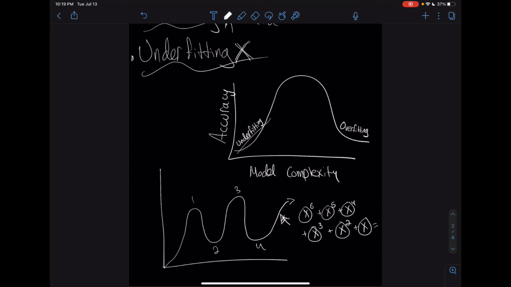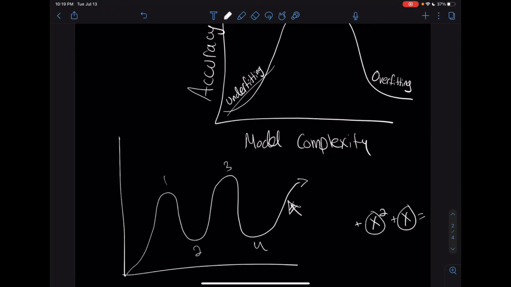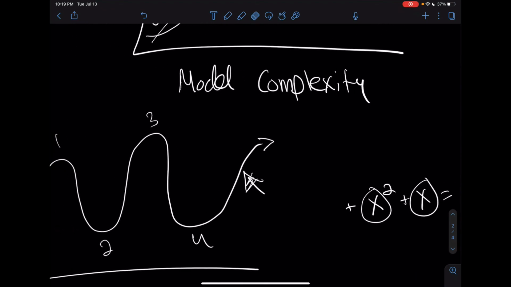But if we just erased x to the 6th, the 5th, the 4th, to the 3rd, and just made it x squared plus x, then if x is 1, then this evaluates to 2. If x is 2, then this evaluates to 6, right?